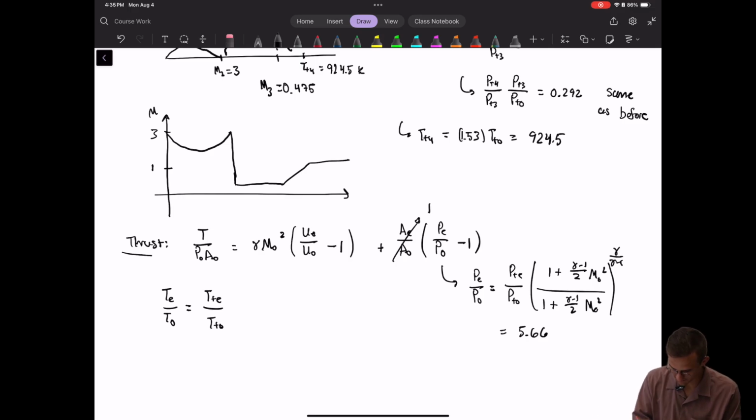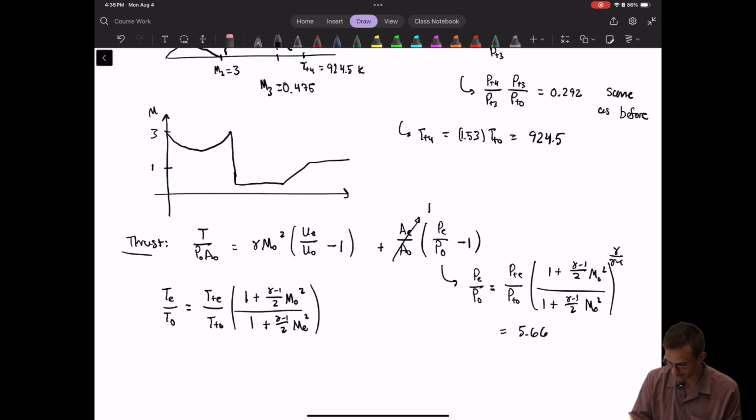We know what TT naught is. We know that M naught is 3 and the M at the exit is 1. So then if we put those values into this relationship, 1 plus gamma minus 1 over 2 ME squared. This time we don't have to use any exponents because this is just the stagnation temperature. In this case we get 3.57.